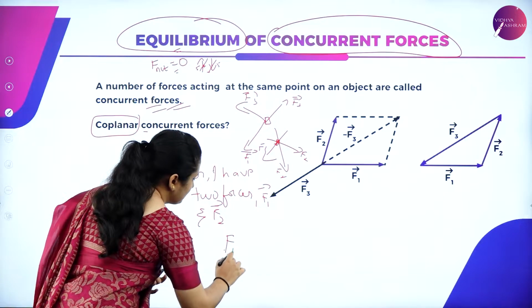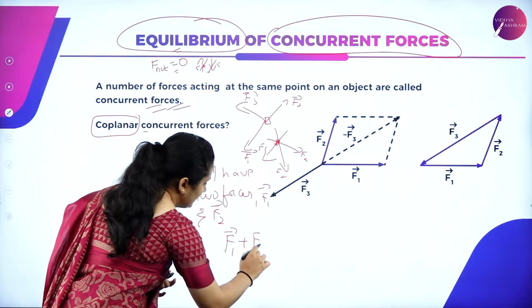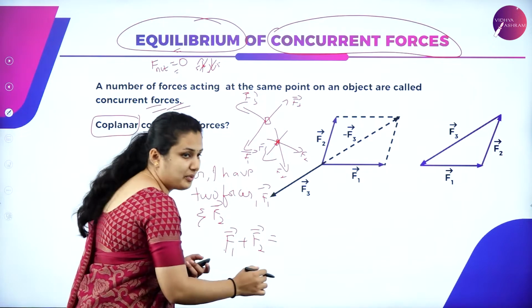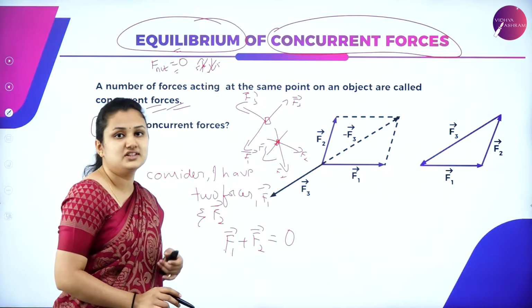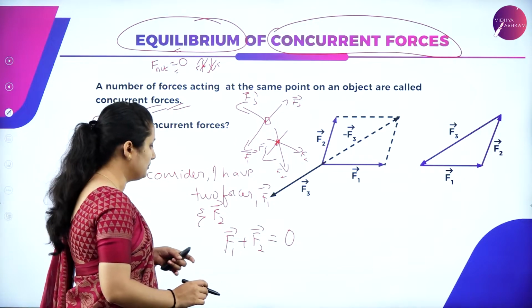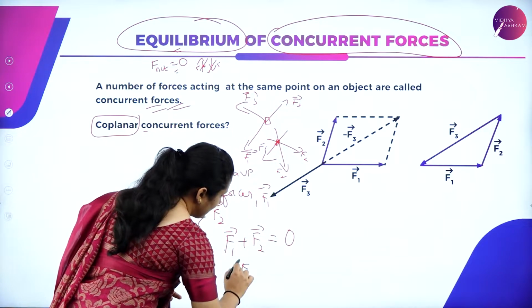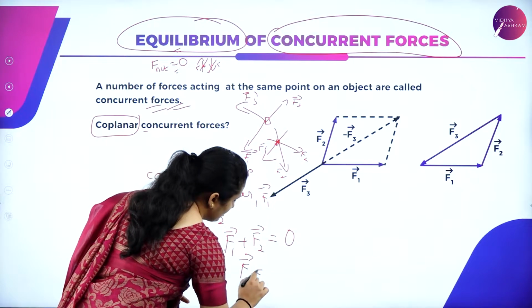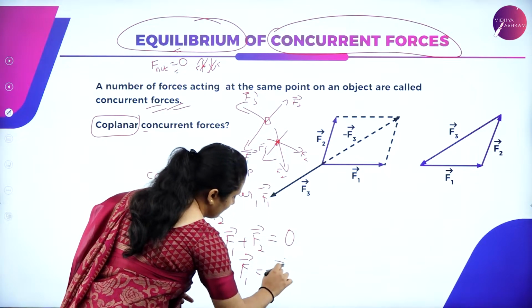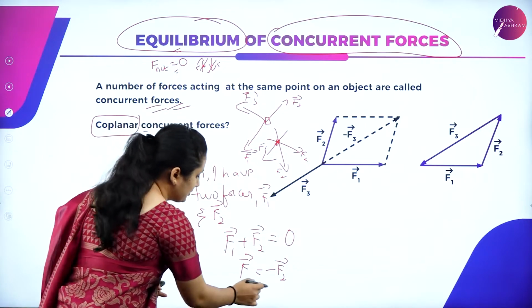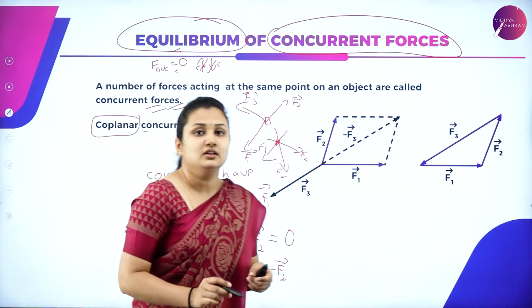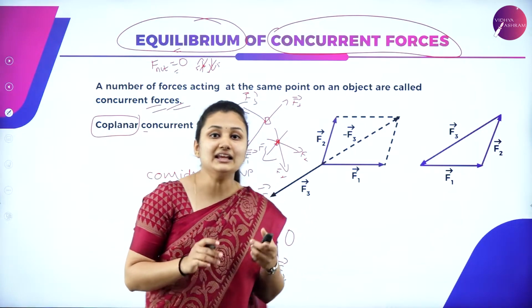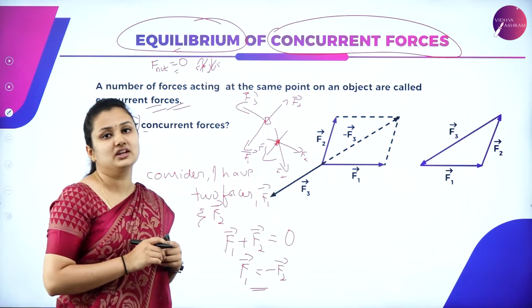The resultant, the net force acting on the particle, should be equal to 0. When it is equal to 0, I can write F1 is equal to minus F2. What does it say? The two forces are acting equal and opposite to each other.